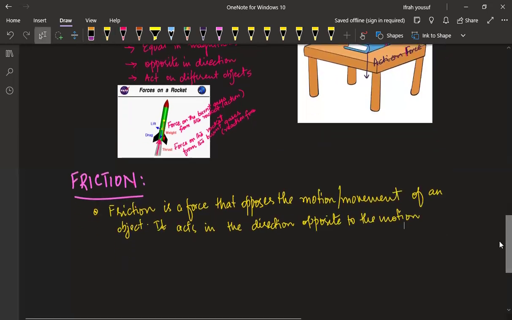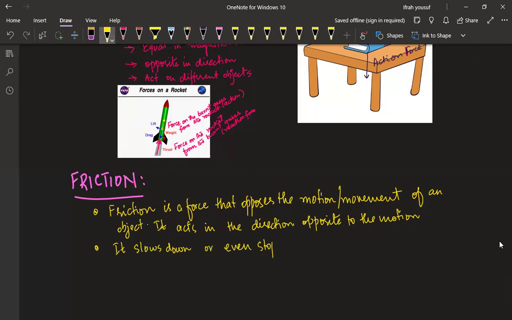Friction is always present almost everywhere. It slows down or even stops moving objects.